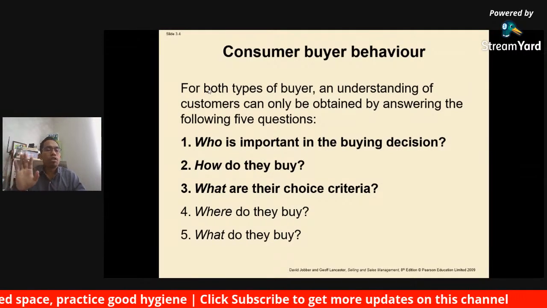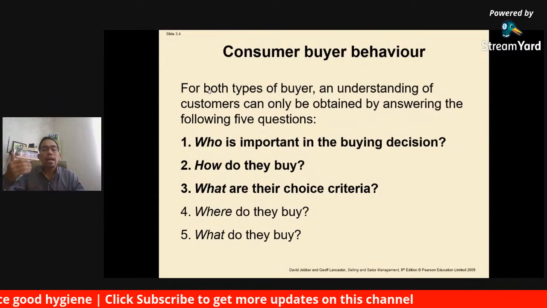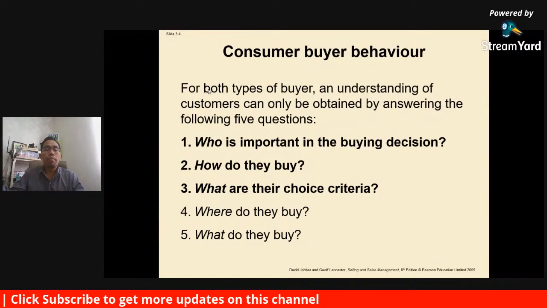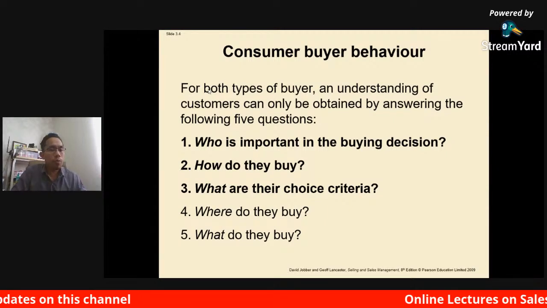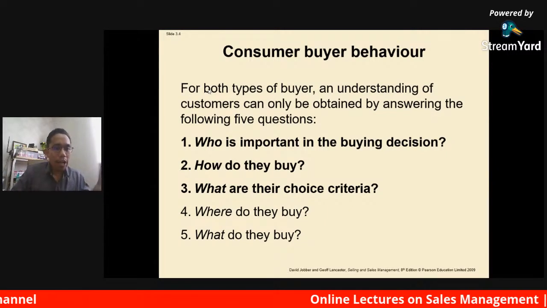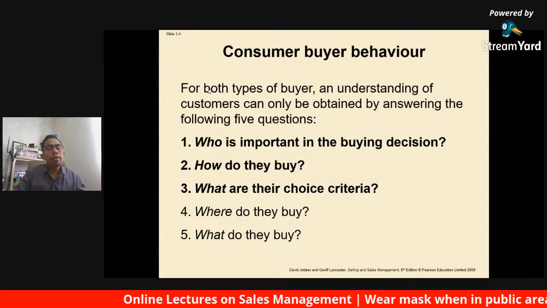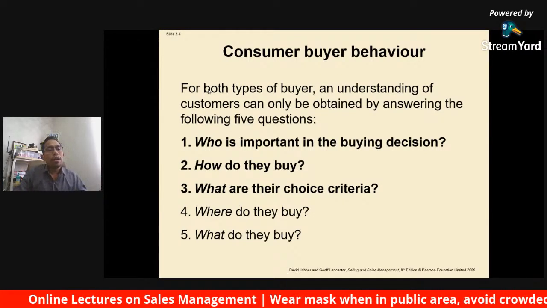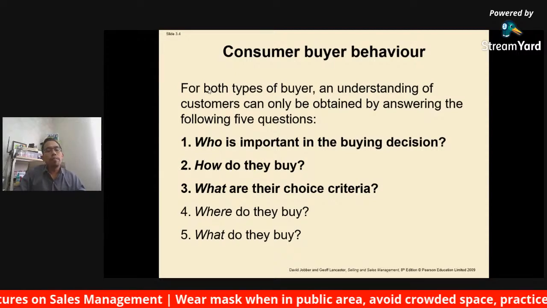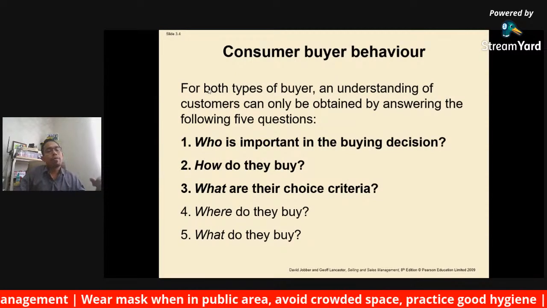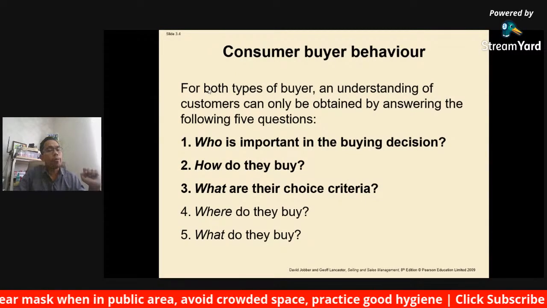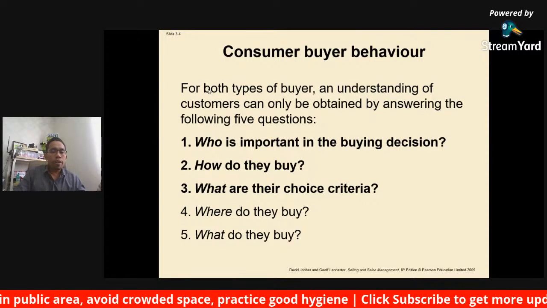I'm talking about the organization side. For the end consumer, the same example applies. Can you ask a baby to buy a product? Cannot. But you ask his or her father, looking for their kids, and ask whether they prefer to have your product or not.